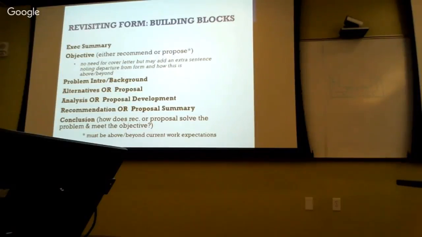It might be a little more detailed than this, but certainly it won't have all the detail that's in the proposal development section. So for folks writing proposals, yes, there's some redundancy here. You're giving them an overview, you're breaking it down, and then you're piling it back together and saying, this is what we're talking about. Great question. Did that prompt others?